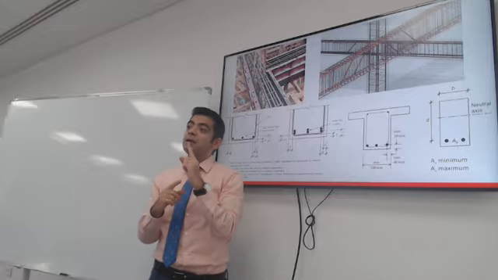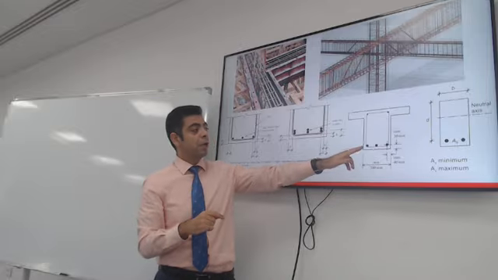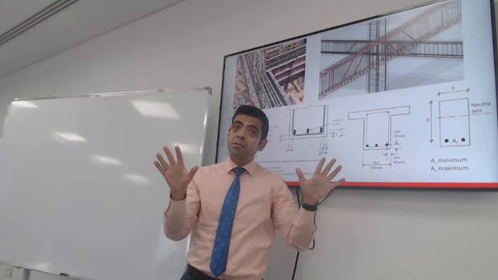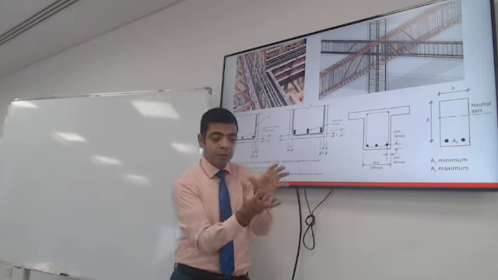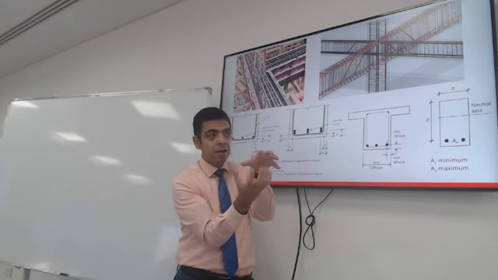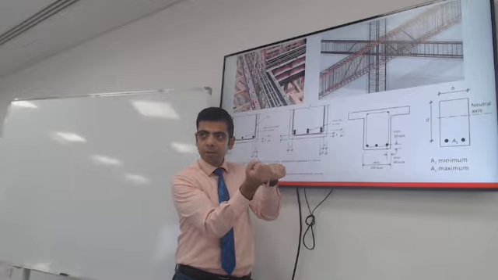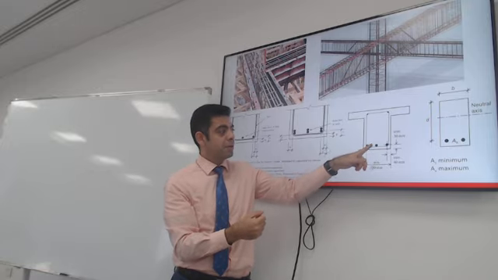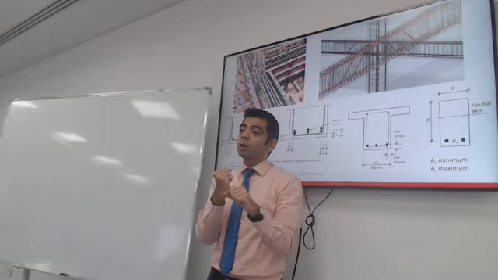That's the first thing. The second thing is, in order for reinforced concrete to work, all bars need to be surrounded by concrete to develop bond between the bar, the steel, and the surrounding concrete, in order for it to work together.